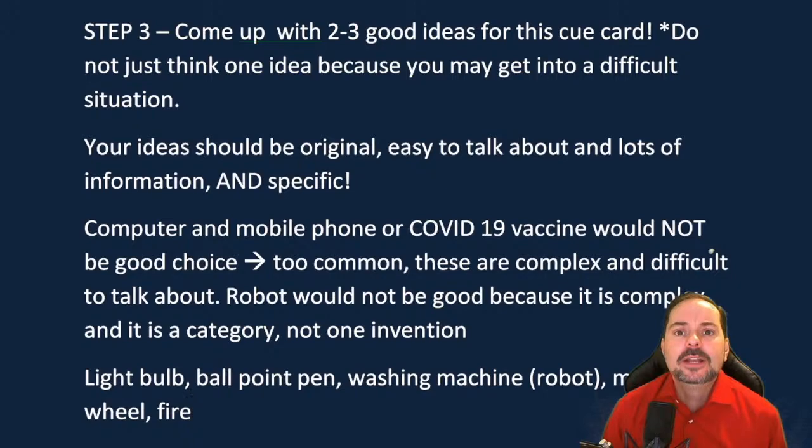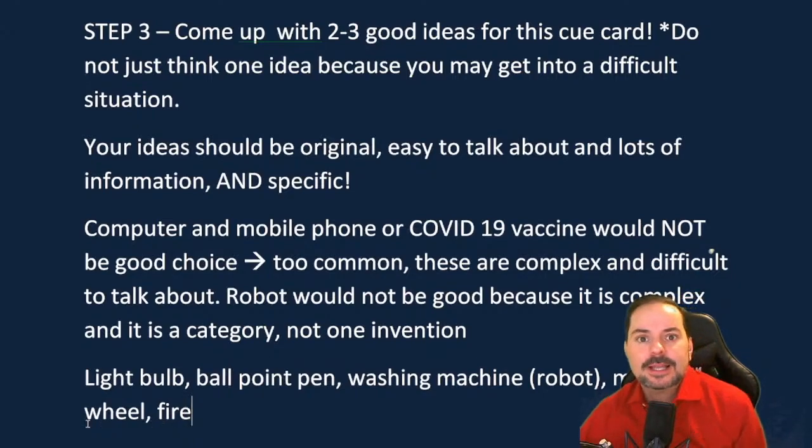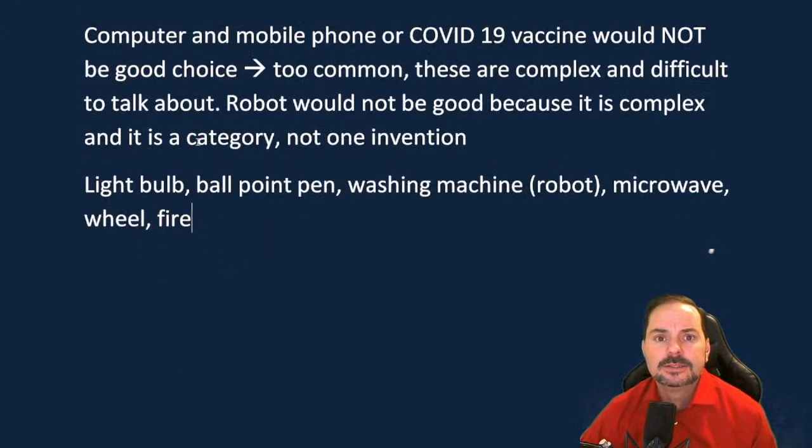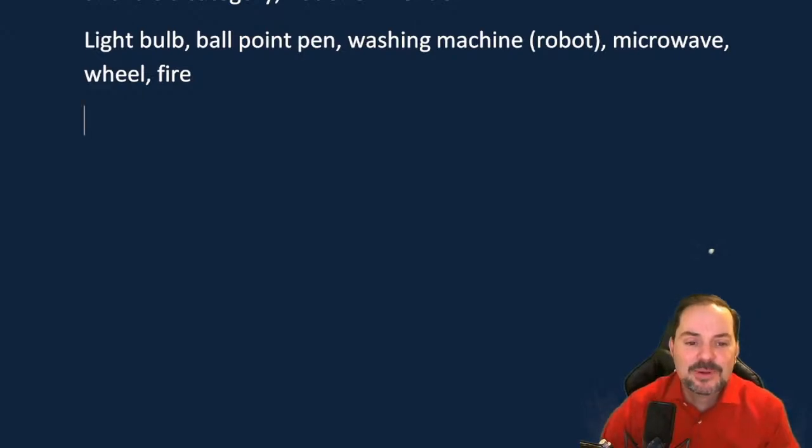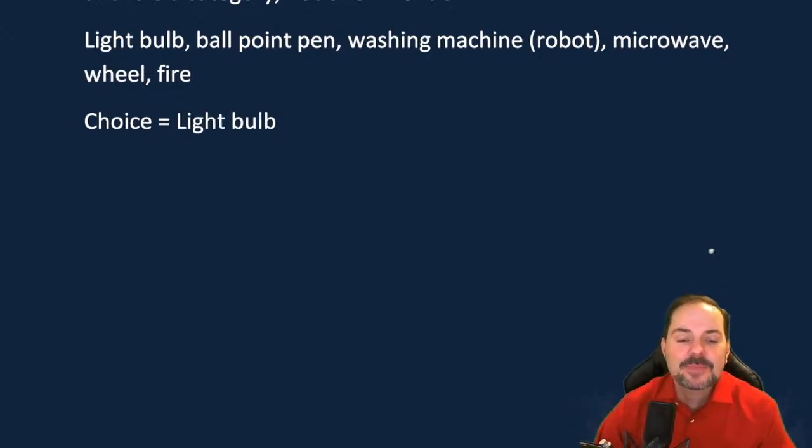Okay, all right. So let's just choose one. We're going to choose the light bulb. Okay, so let's go with the light bulb. Okay, our choice here is the light bulb. All right, so now we need some notes. Okay.